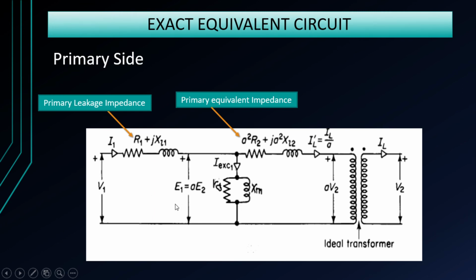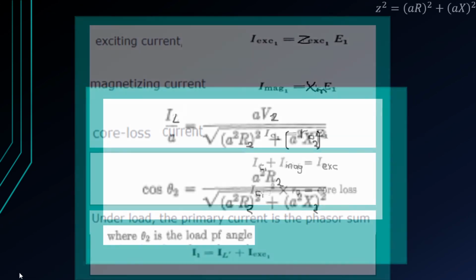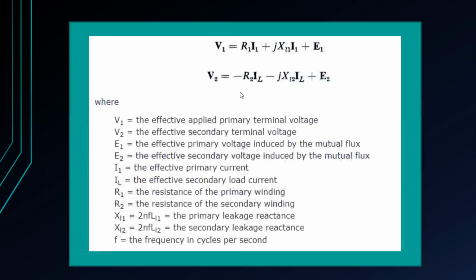I-Kirchhoff natin siya para makuha natin ito. So, pag Kirchhoff law natin yun, makukuha natin yung R sub 1 multiplied by the primary current plus X, the reactance multiplied by primary current, and then the primary voltage induced by the mutual flux.